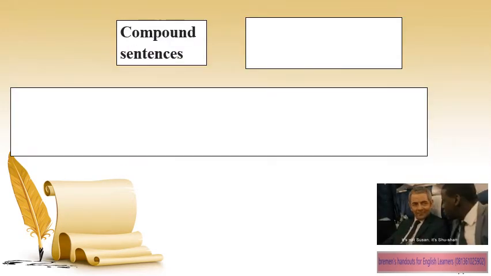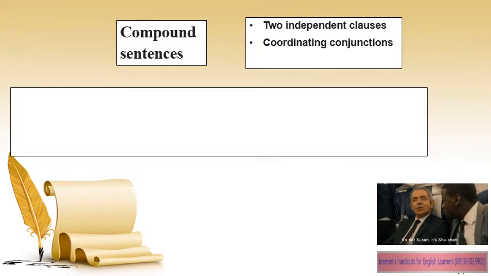We move to the compound sentences. The structure of the compound sentence is always a combination of two independent clauses. The two independent clauses will be combined, coordinated, with the coordinating conjunctions.